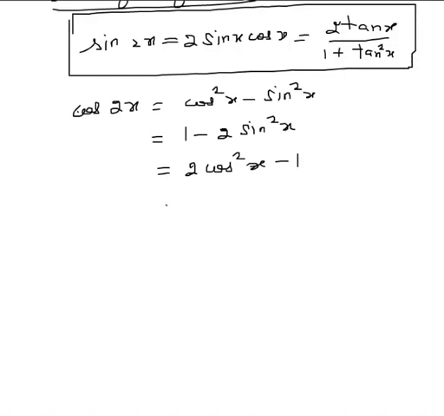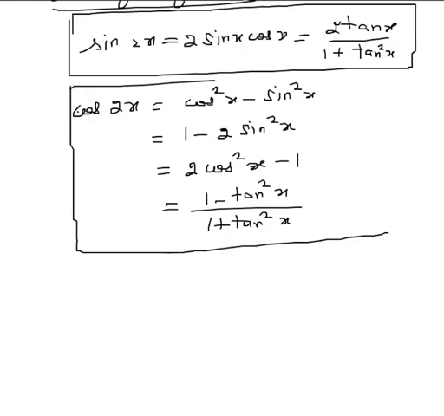And then same way, we can write the denominator as cos square plus sin square and divide by cos square. You will get in terms of tan, which is 1 minus tan square x divided by 1 plus tan square x. So cos 2x has 4 formulae. According to the answer which we need, we can select any one of these 4.